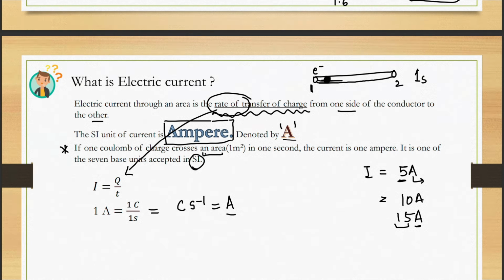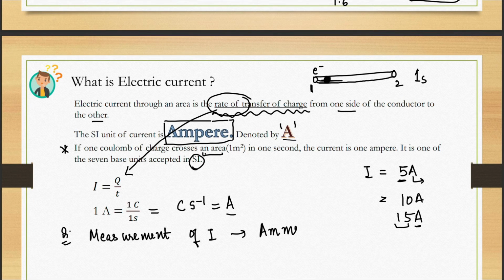After this, another question is asked: how will you measure the current? For the measurement of anything, there is some parameter and some device. So measurement of current will be done by using the ammeter. So one should also know that we have an ammeter with which we measure current.